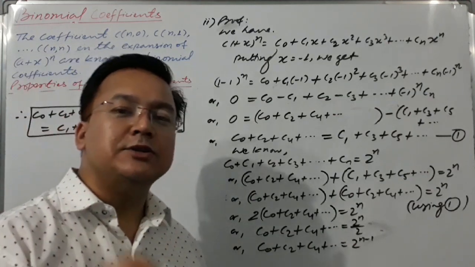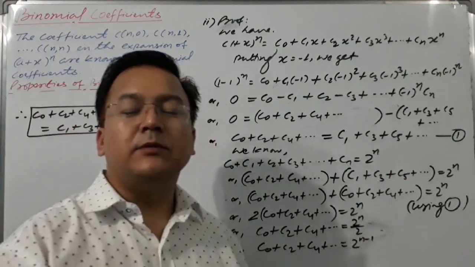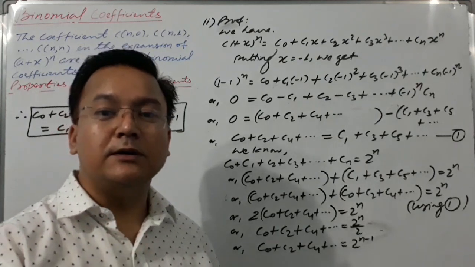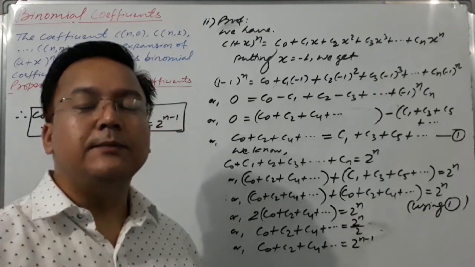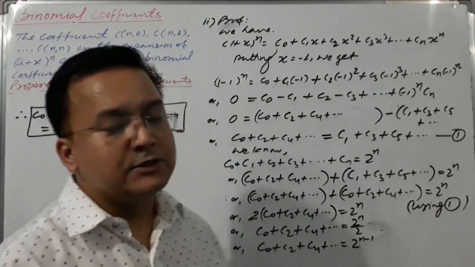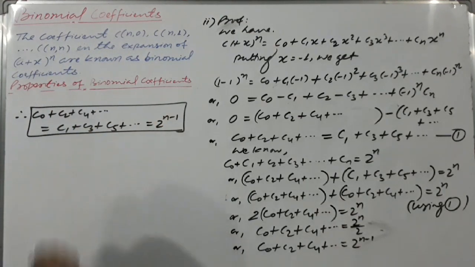Second property: in the expansion of 1 plus x raised to power n, the sum of the binomial coefficients of odd terms is equal to the sum of the binomial coefficients of even terms, and each is equal to 2 raised to power n minus 1.